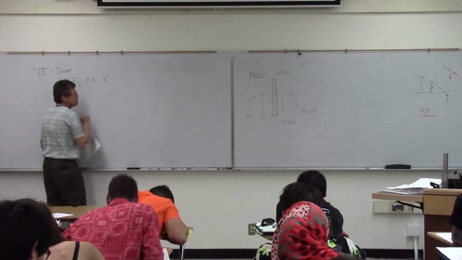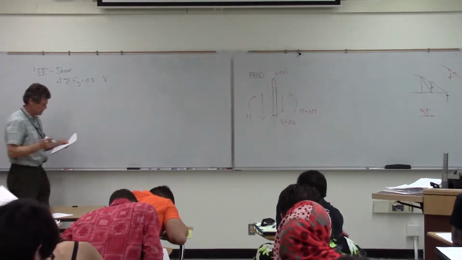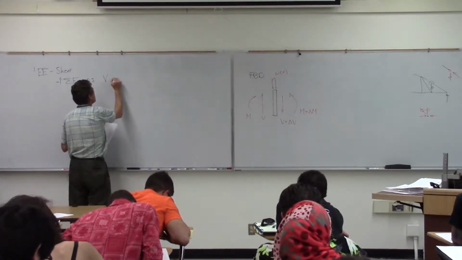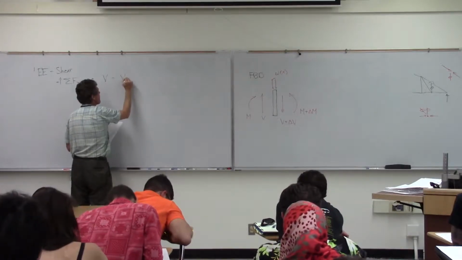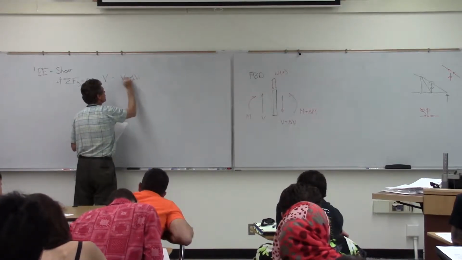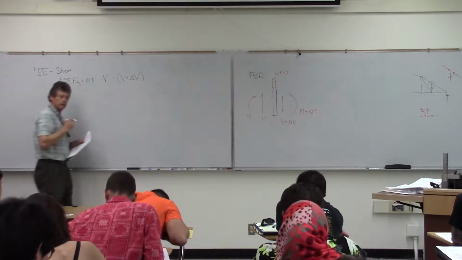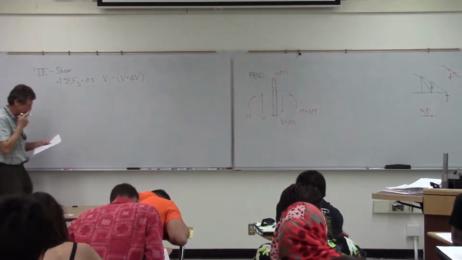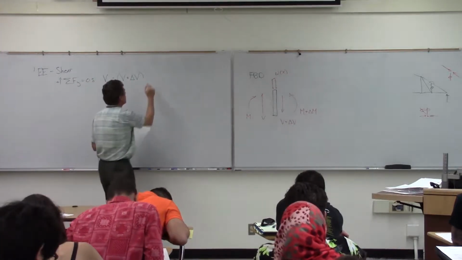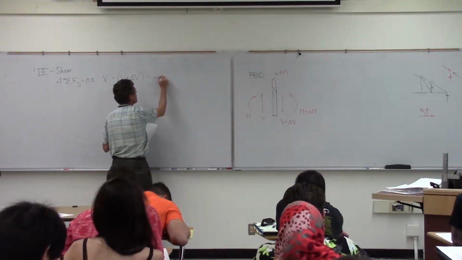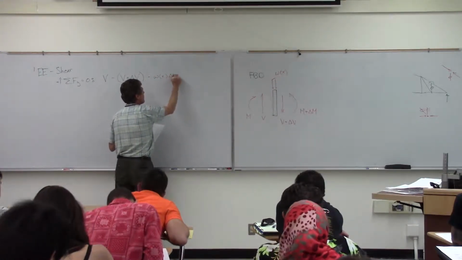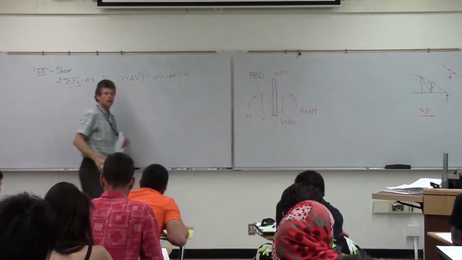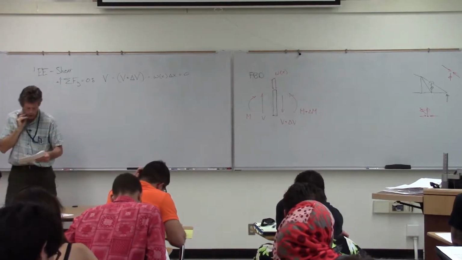What we'll see is we've got V acting in a positive sense. Our other shear on the other side now is going to have that little bit of delta V going on there. And then finally, we've got that little bit of load that we've taken along with us there.